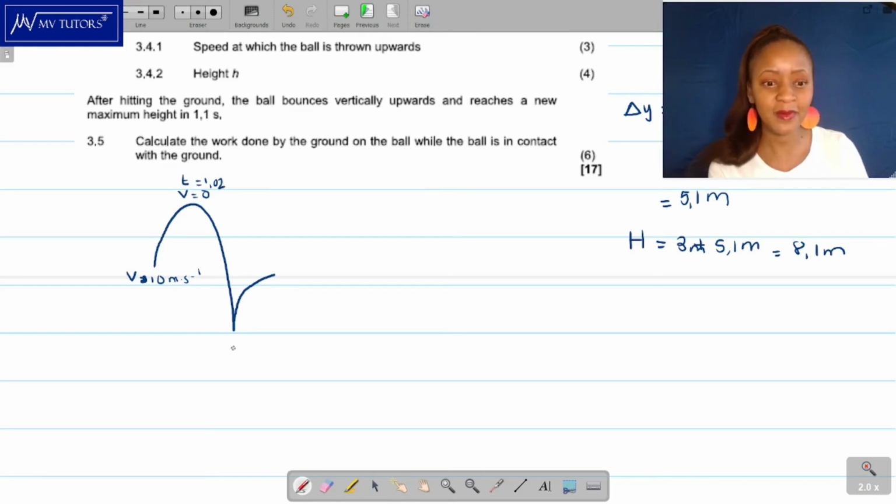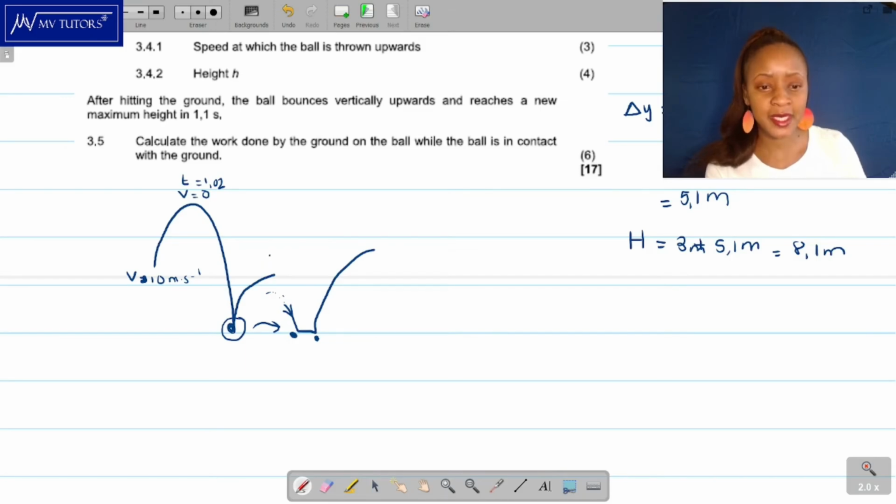Then here, if I zoom in, actually it's coming down, right? This ball is coming all the way down. Then it is in contact with the floor, quite exaggerated, and then it goes all the way up again. So if I zoom this in, it hits with the velocity here, and then before it goes all the way up, it hits with another velocity.